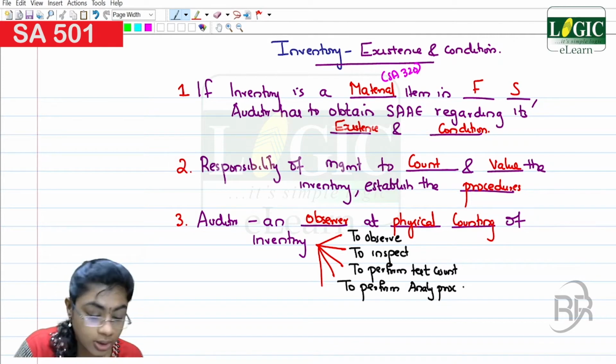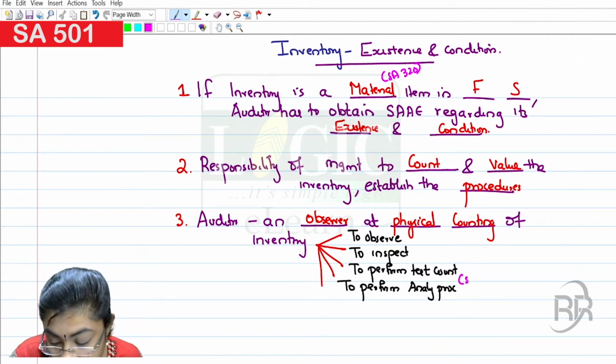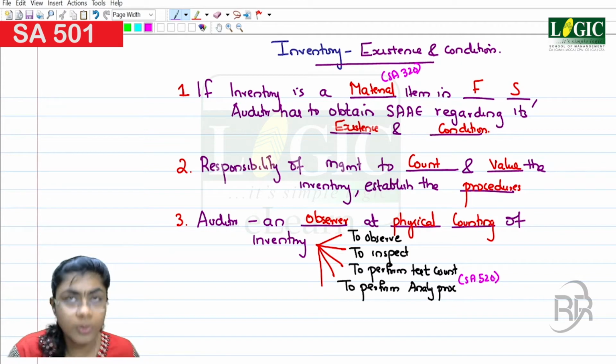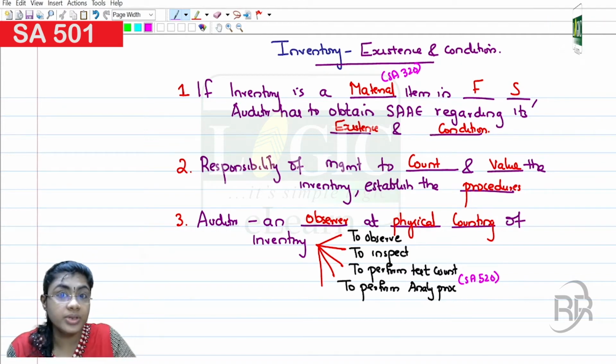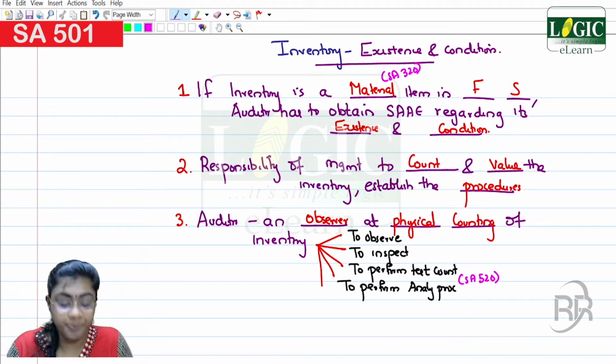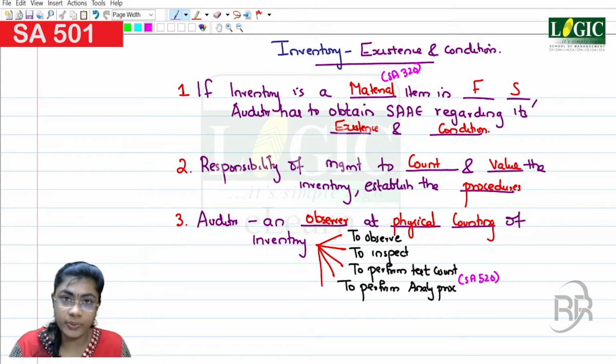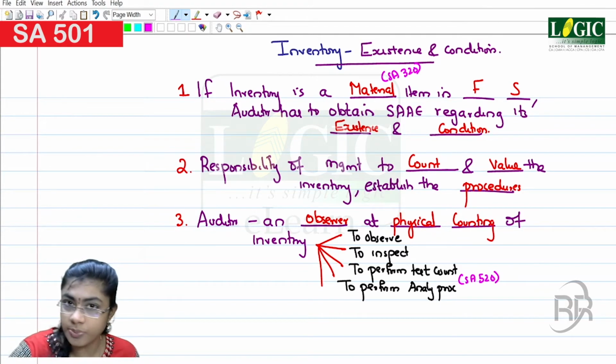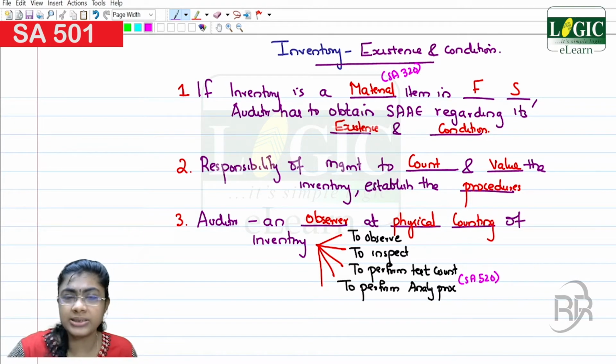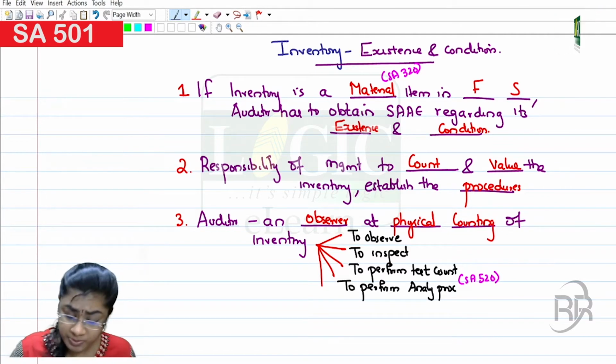Analytical procedure we will be studying in SA 520. You can compare the inventory of this entity with another entity, current year with the previous year. Likewise, to perform comparison, analysis.